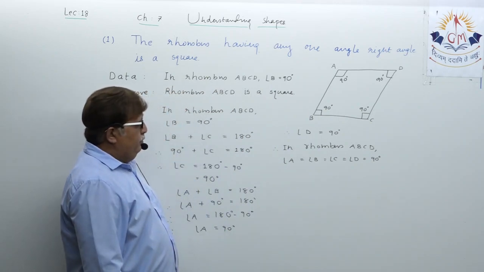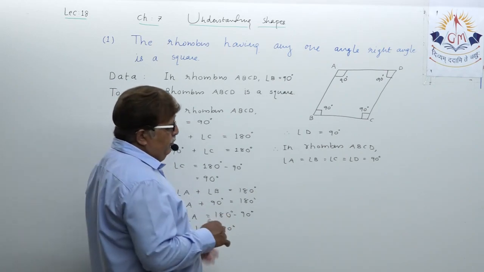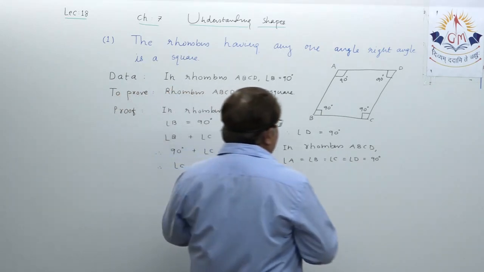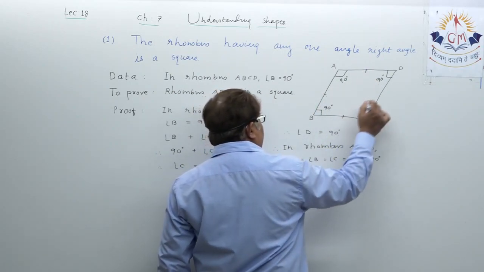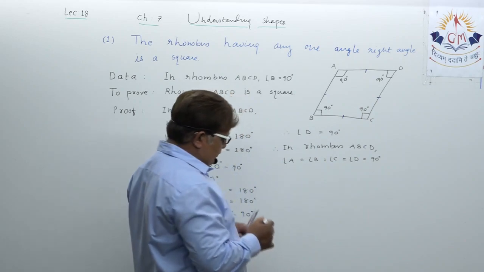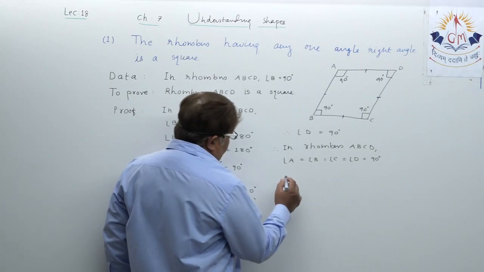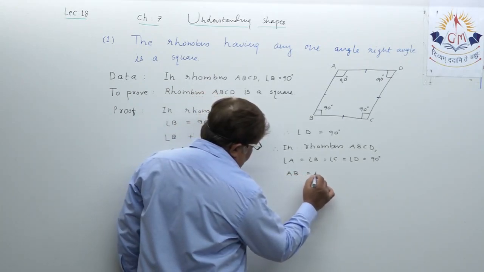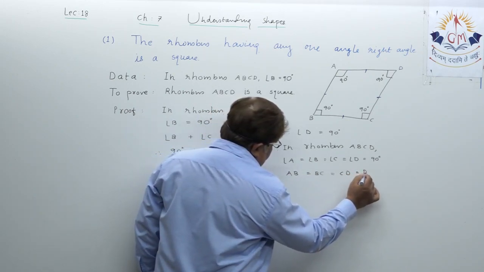All angles are proved 90 degree, and at the same time you all know a very important property of rhombus, that all sides are equal, that you know very well. So that also I can mention here, AB equal to BC equal to CD equal to DA.